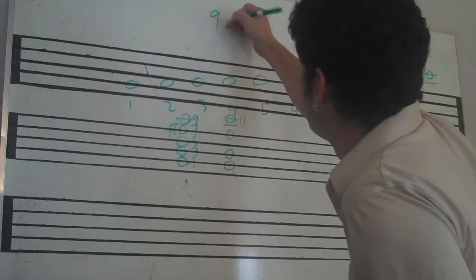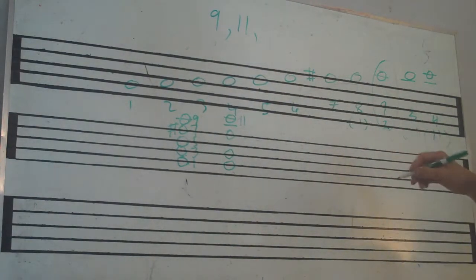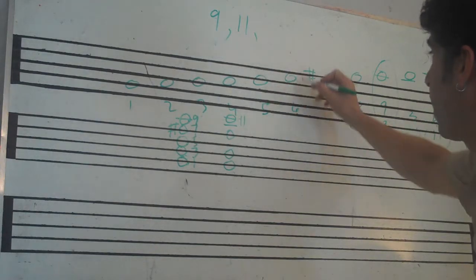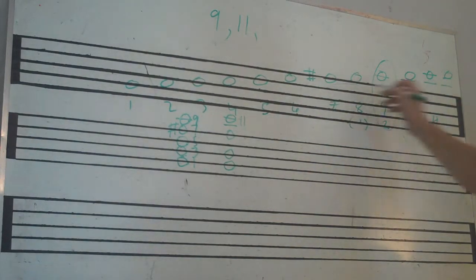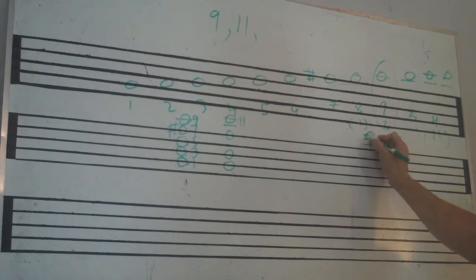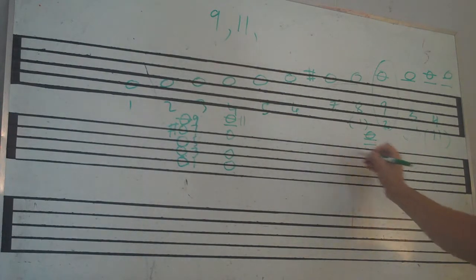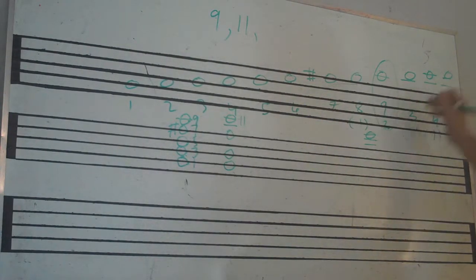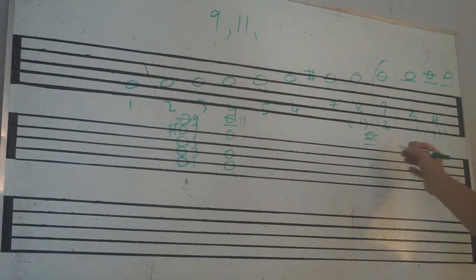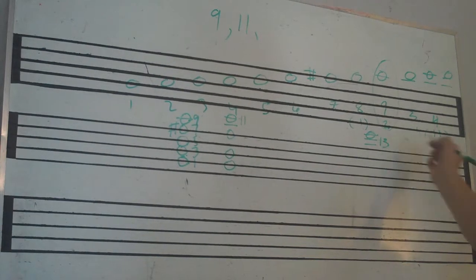So you've got these extension tones 9, 11, and the next one, D up here, which would be a 12, but that's a chord tone, so we're not worried about that. And then the next one is E. I've run out of room, so we'll come back down here. So the next one is E, and that is a 6, but if we were to add it up here, this is what we call a 13.